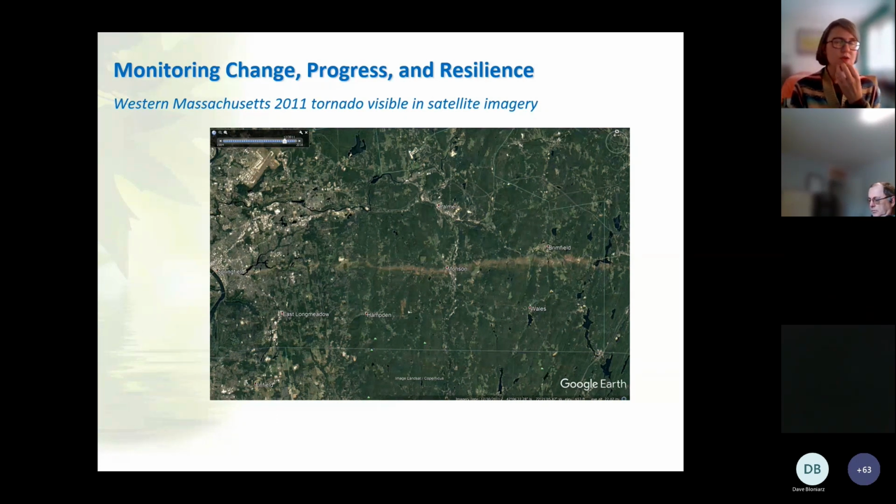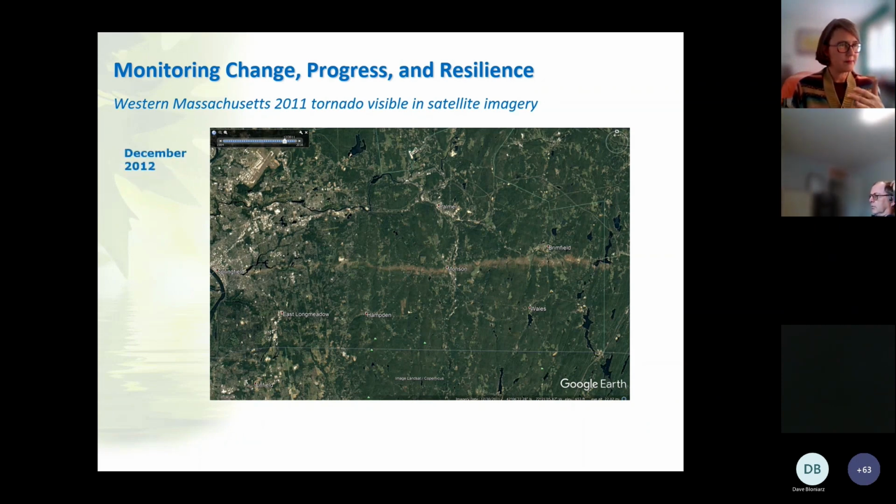So in 2011, there was an unusually late and strong tornado that struck Western Massachusetts. And you could see the evidence in the satellite imagery, right? Because Springfield was familiar with iTree Canopy, they knew they had access to this tool that could help them take a look at the damage and could start to help them frame what they were going to do moving forward.